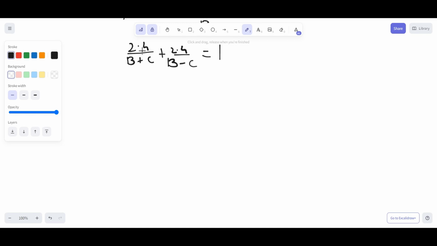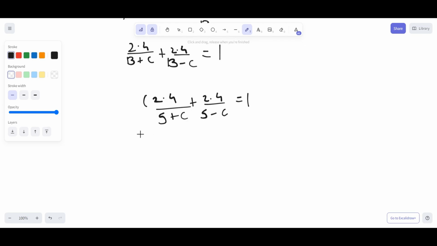Now we can just solve this equation, because b's value is already given. B we can substitute over here. So the equation becomes 2.4 upon 5 plus c plus 2.4 upon 5 minus c equals 1.